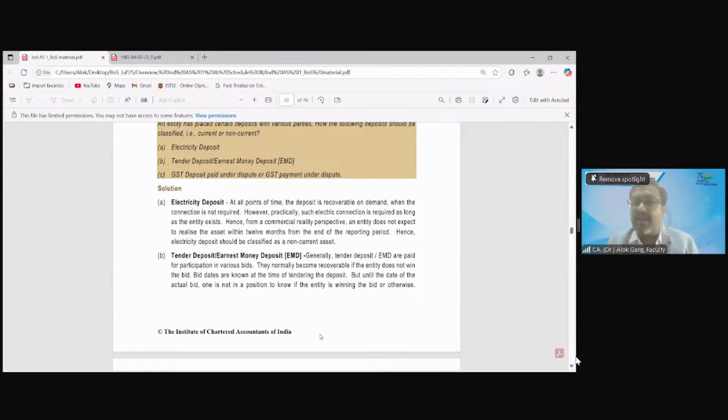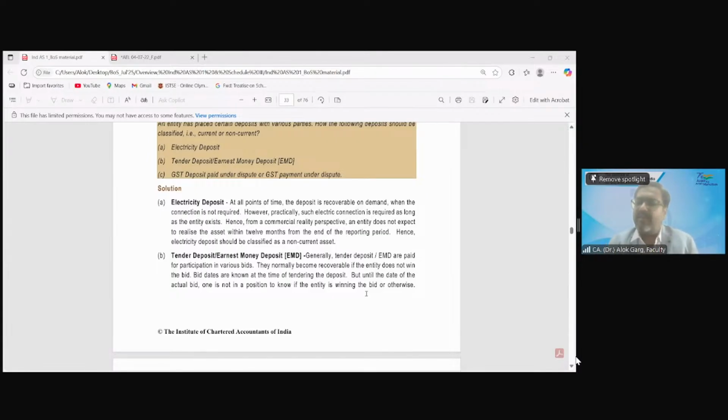So this tender deposit or earnest money deposit, is it a current asset or a non-current asset? If the entity wins the contract, then it will be non-current because it won't be refunded. But if it loses the bid, then it will be current. Yes. So generally tender deposit or EMD deposits are for the purpose of participation in various bids.